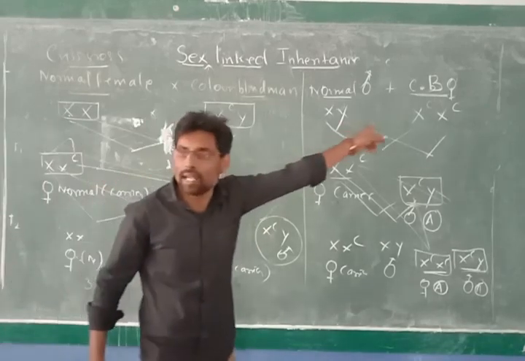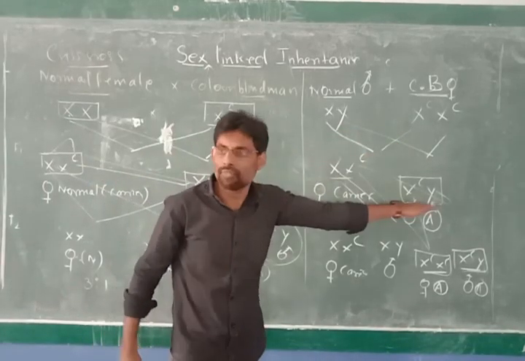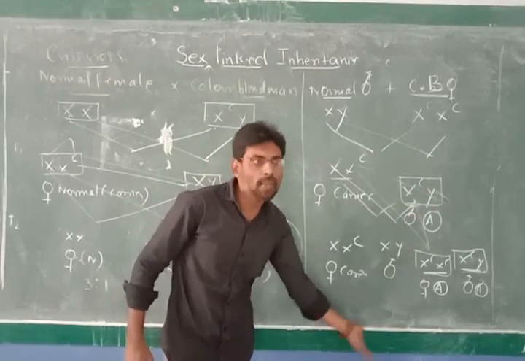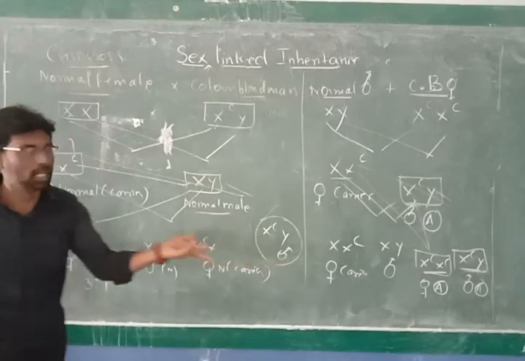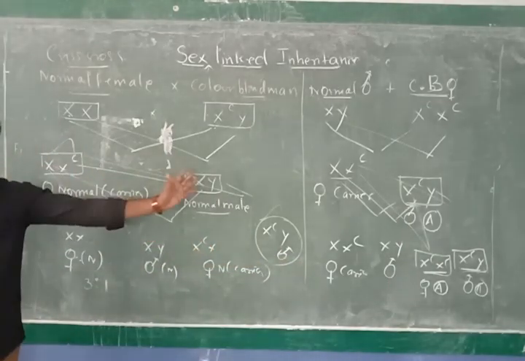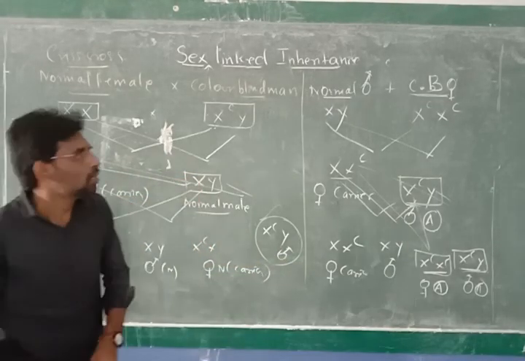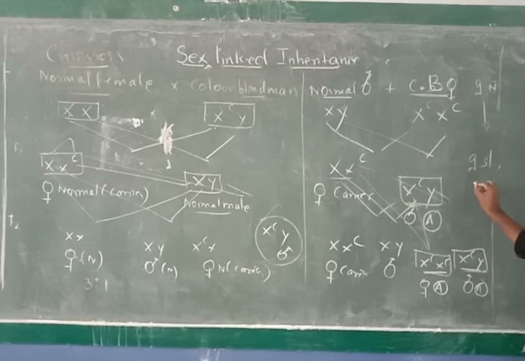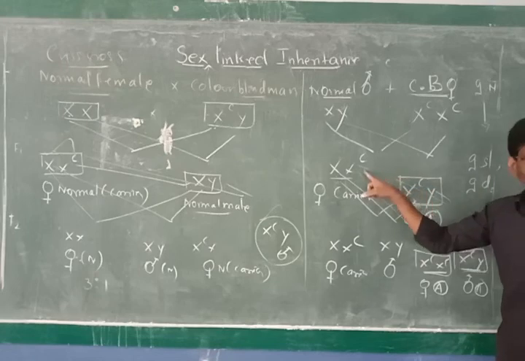But when the female is affected, in the first generation itself the male gets affected, and in the second generation both male and female get affected. Here, the first generation is normal. Understand? So here, this is the grandmother sending the disease to both grandson and granddaughter.